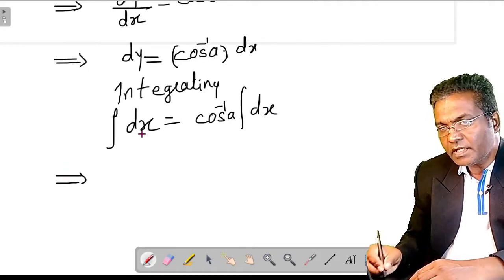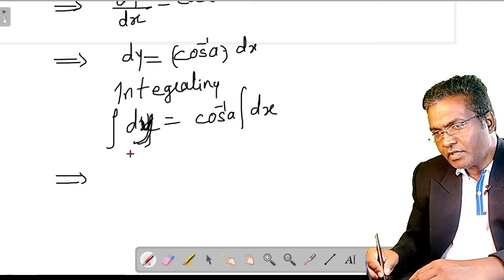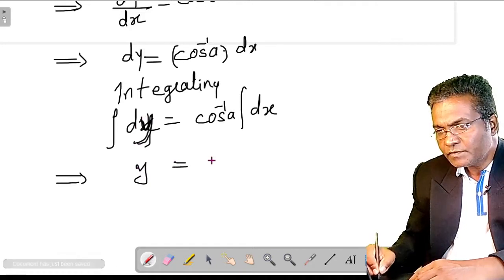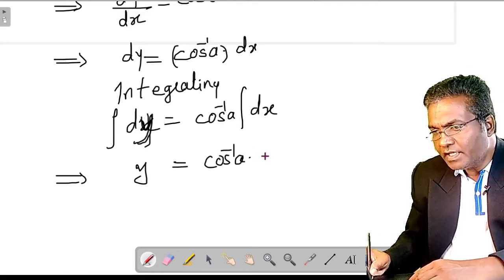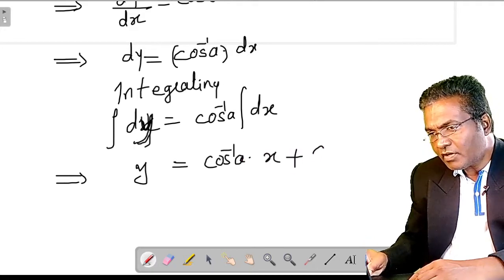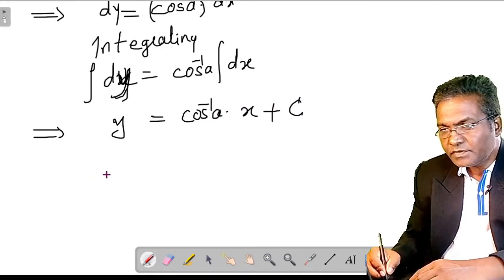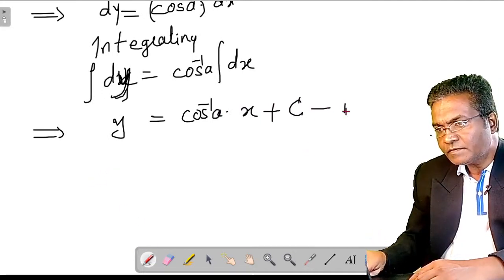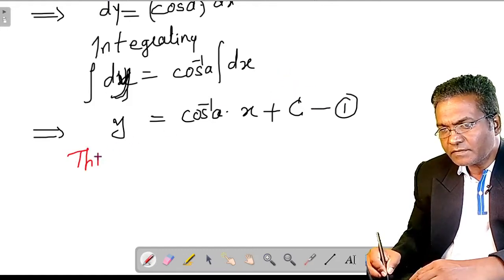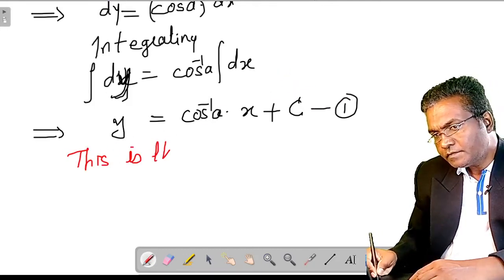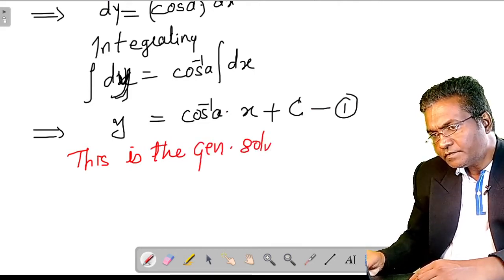So integration of dy is y, cos inverse of a into integration of dx is x, plus constant c, constant of integration. So this is your general solution.